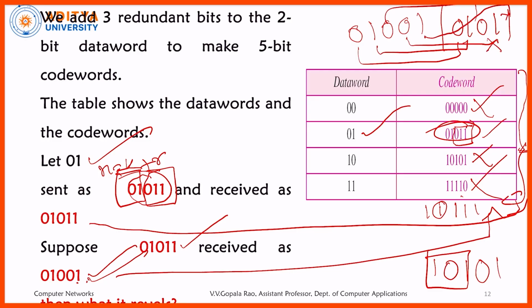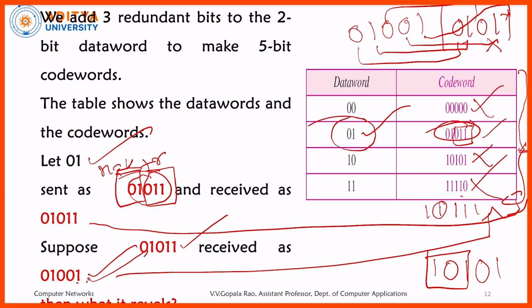Finally, our assumption is that only 1 bit is altered, so that matches this case. Based on that, it automatically considers this as the second code word. It is matching the second code word, so it takes 0 1 as the data word.